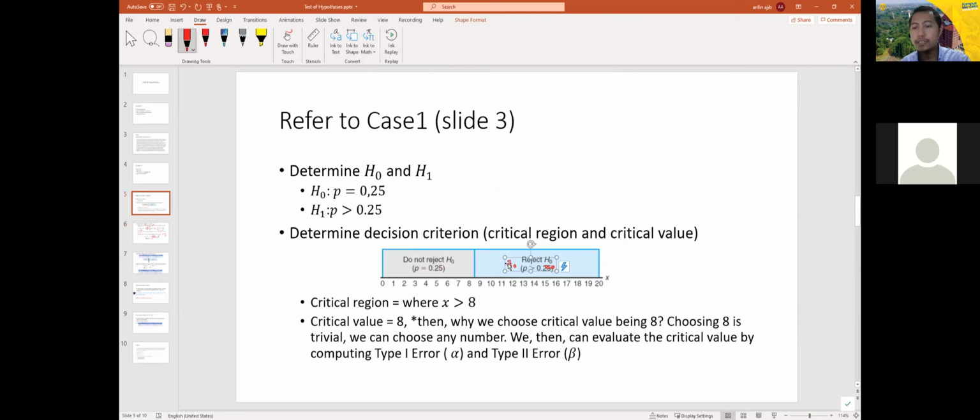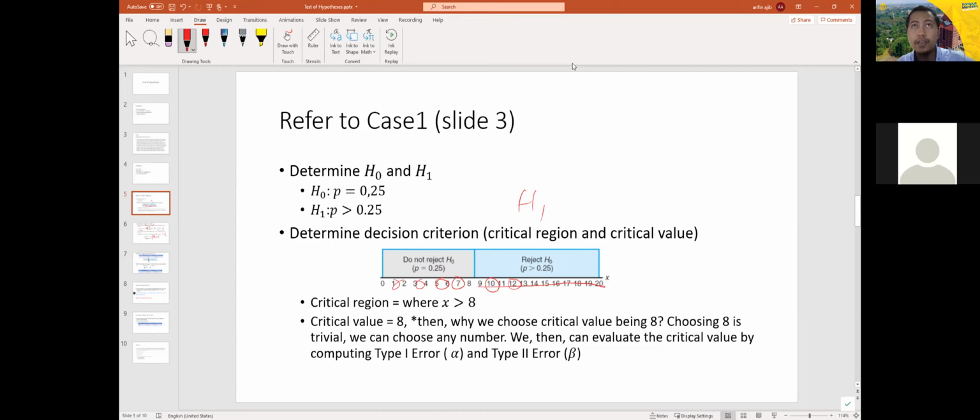When we want to accept H1, the value that we observe should come out in this region, and any value that comes out in this region will be considered an error.